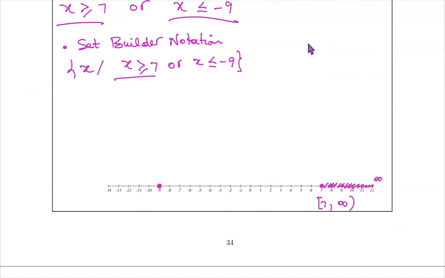The other part is less than negative 9, meaning we are on the left side of negative 9. So that's negative infinity to negative 9, with a closed circle and a bracket. So that's the graph.